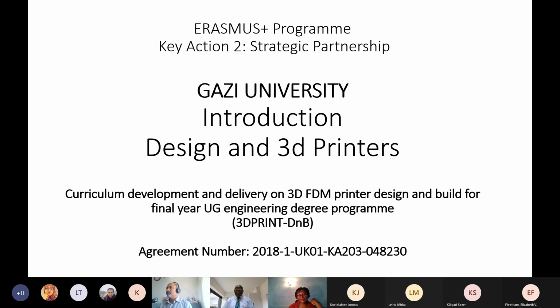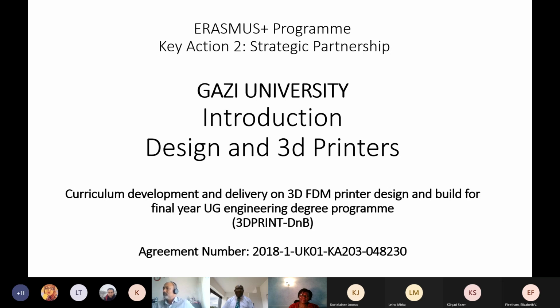But the printer that was designed and built as part of this project is available for retail through US McMec. If any of the participants or organizations would like to buy a reasonably priced 3D printer that you can assemble and use in your home or your work, then you can contact US McMec.